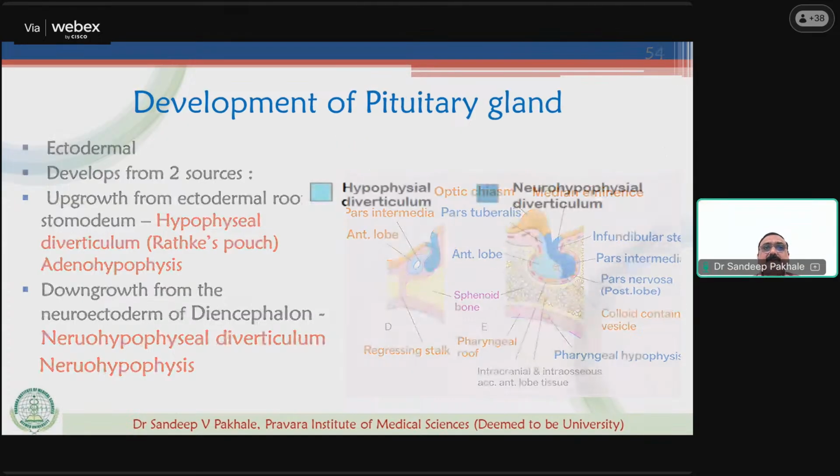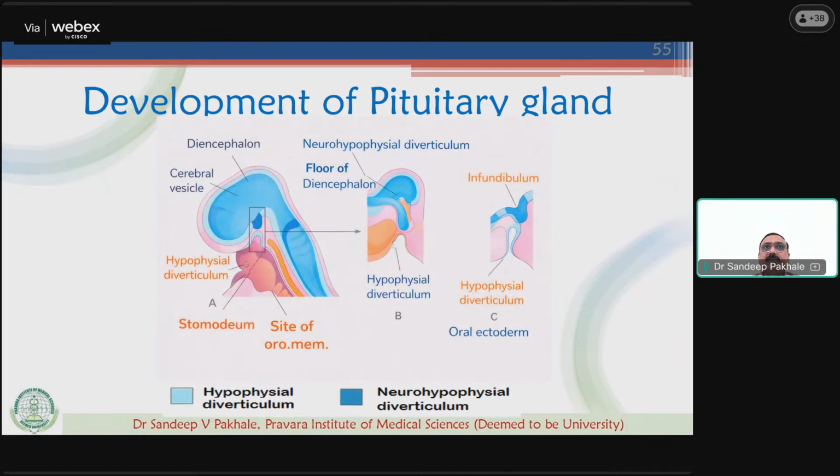Whereas the posterior pituitary, also called the neurohypophysis, develops from the downgrowth of the neuroectoderm from the diencephalon.